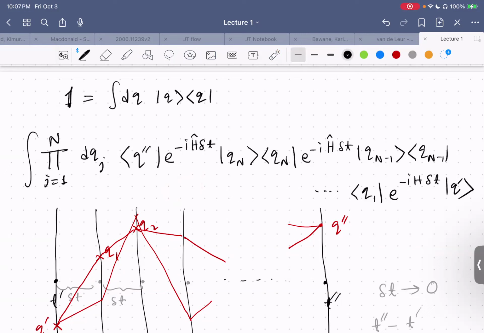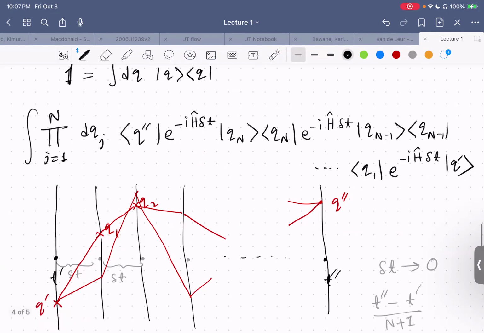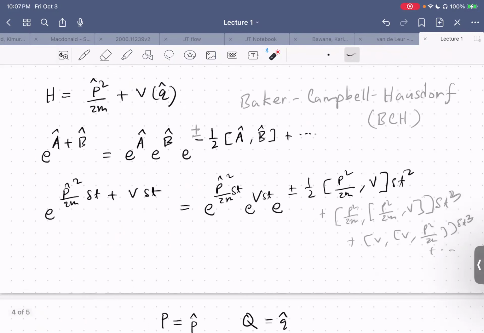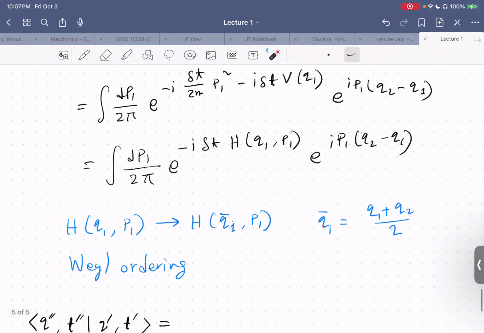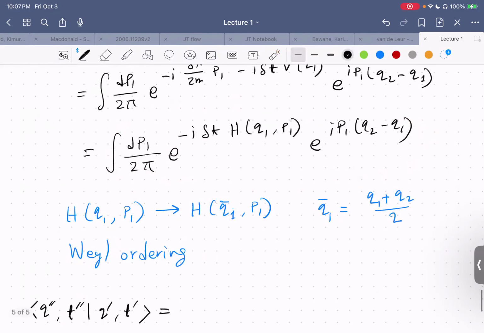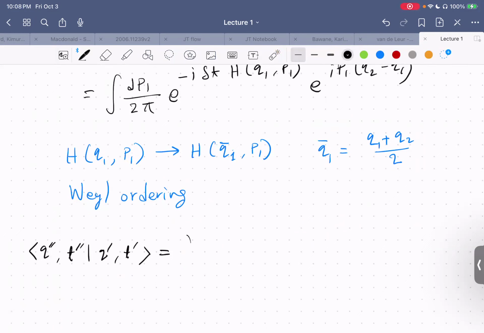To emphasize, let me put that, because I'm not writing p and q explicitly here. But after we replace with the new expression, H will be just a function, a numeric function, not an operator. In fact, there are no operators left, right? That was the point. So what we get is that we already had some integrations over position variables. We still have those. But now we have a bunch of other integrations over momentum variables.